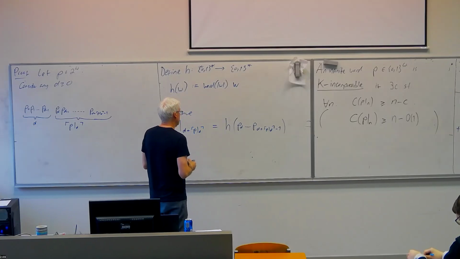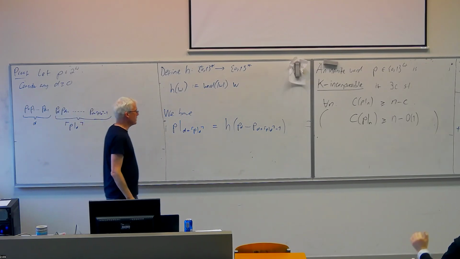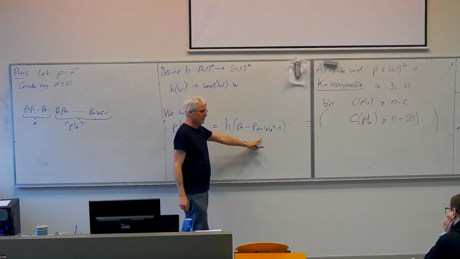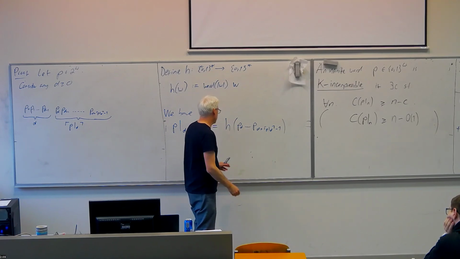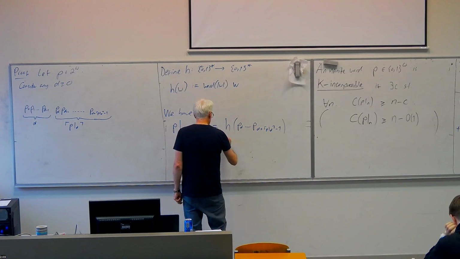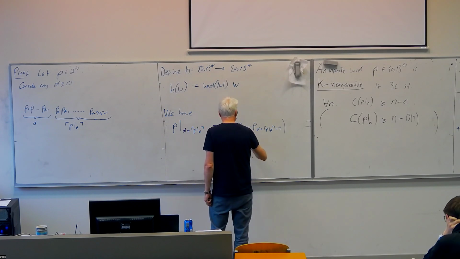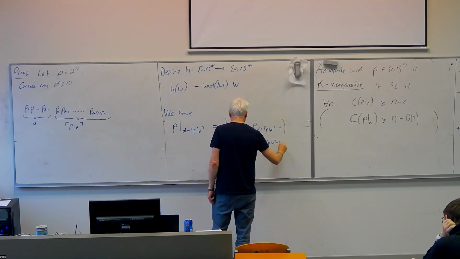And because we're applying function h to it, we can use the universal function together with the code for h and this information. So this is U of the code for h followed by all these.